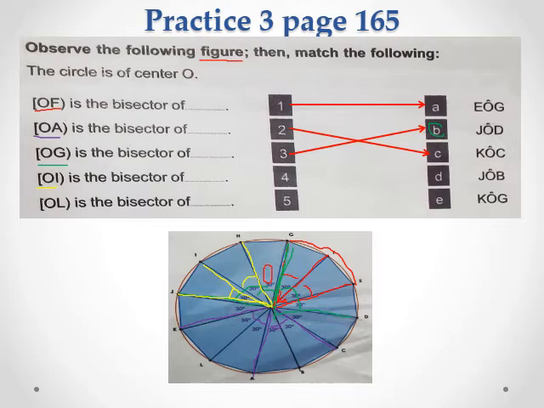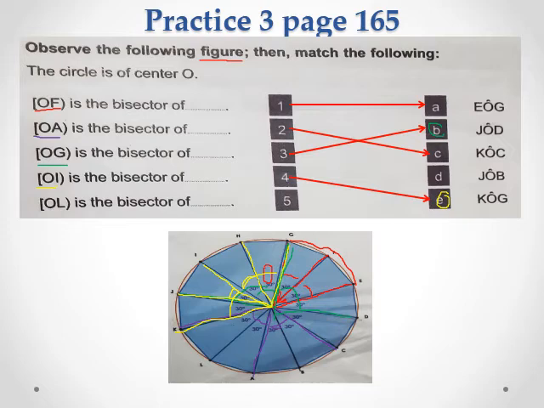They didn't mention it, so let's try to find another angle. Let's take now two angles to the right and two angles to the left. So OI is the bisector of KOG. It's mentioned in part E, so yes, OI is the bisector of KOG.